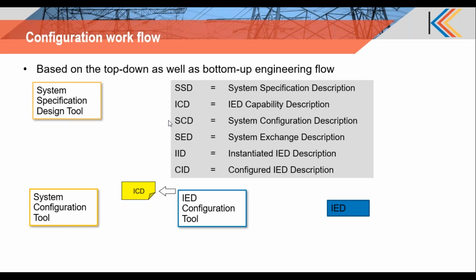He may also add details about the primary equipments connected to the SLD, and the functionalities performed by each of the functional equipment in the SLD. That does not have any dependency on the IED vendor or the IED that is being used for realizing that function. So it's a generic file, and that's called the SSD file, the system specification description file, generated by your system design or system specification tool.